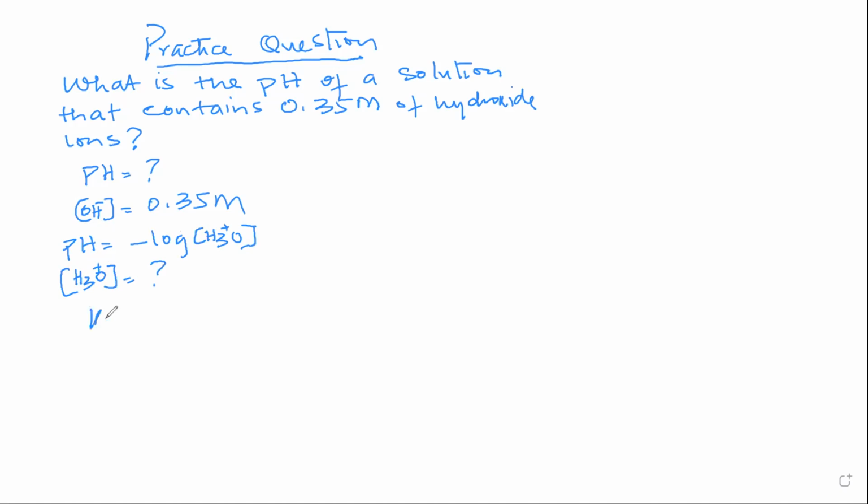We can use this, which we already did before. Again, we want to find hydronium ion concentration. We know hydroxide, so we divide by hydroxide ion concentration.